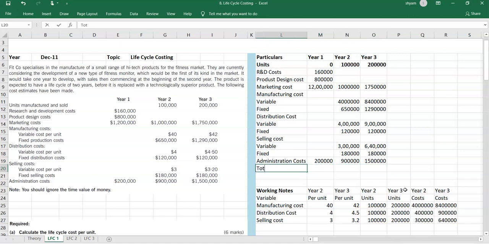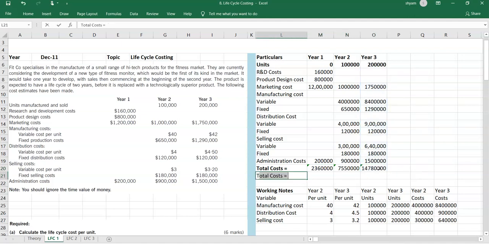So add all, we'll get the total costs. Add up to the R&D cost, don't add the units. So this is the total cost.